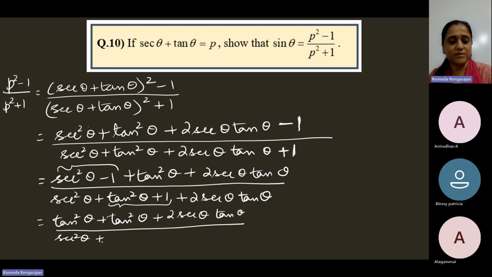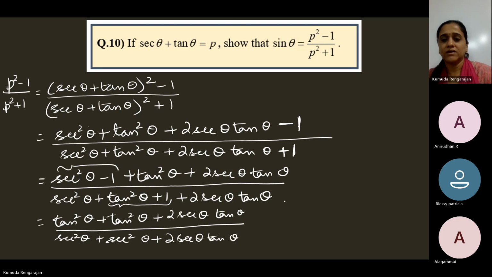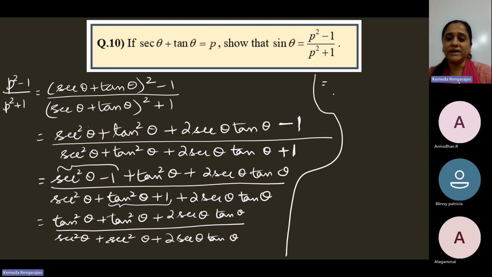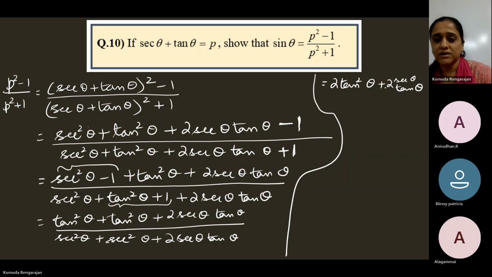So secant square theta plus secant square theta plus 2 secant theta tan theta. Correct? So it will be 2 tan square theta, because tan square theta plus tan square theta is 2 tan square theta, plus 2 secant theta tan theta divided by 2 secant square theta plus 2 secant theta tan theta.